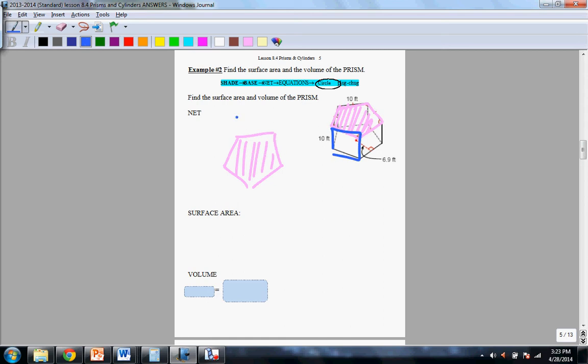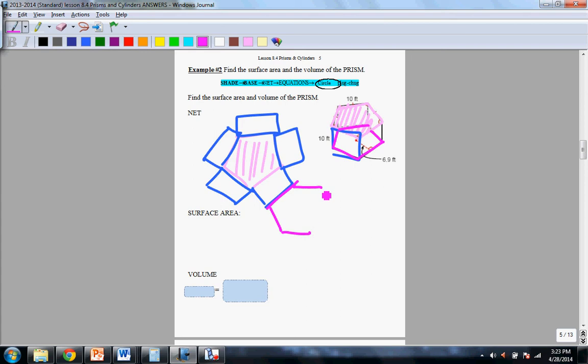And then we have our faces, of which there is 5. 1, 2, 3, 4, 5. Then we have the bottom base. Not very graceful, but we'll manage.